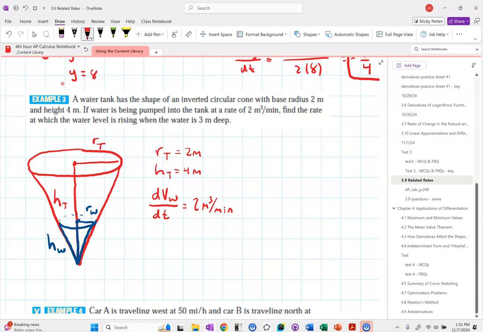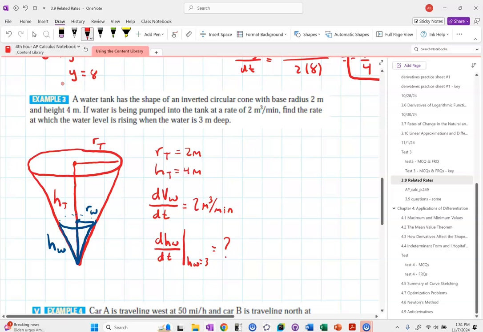Find the rate at which the water level is rising when the water is 3 meters deep. What is that asking for? dHW/dt when HW is equal to 3. Everybody so far so good? Okay. So we're concerned with this cone of water.